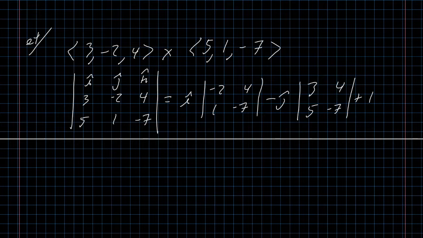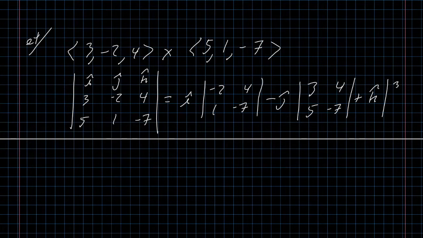And then plus k hat, remove the row and column that have k in it, that's 3, -2, 5, 1. I'm running out of space. I can just barely squeeze that in there, but that works.